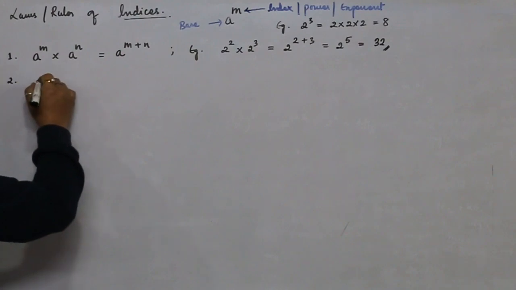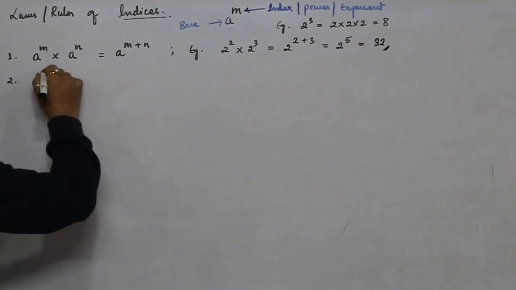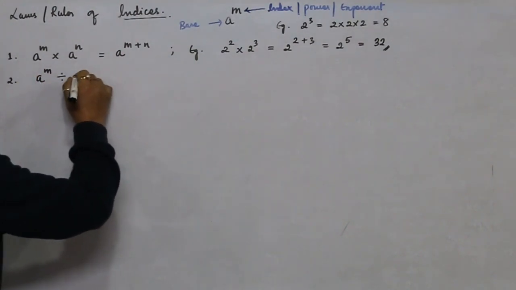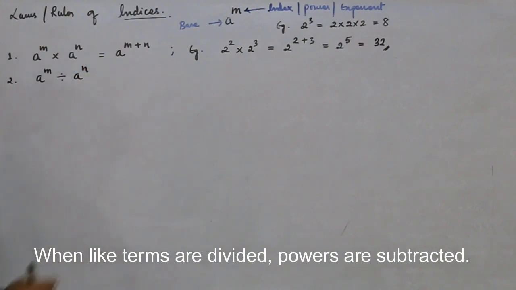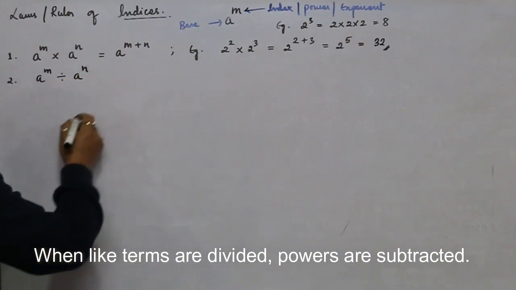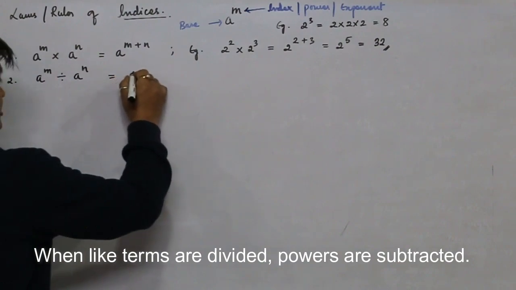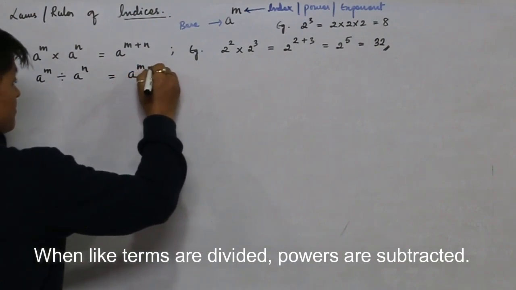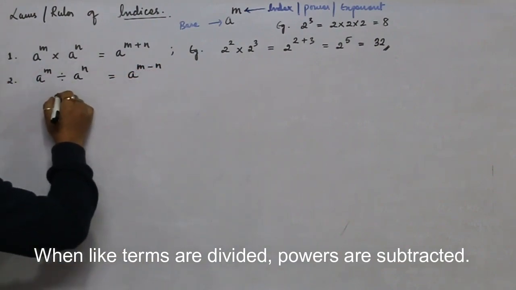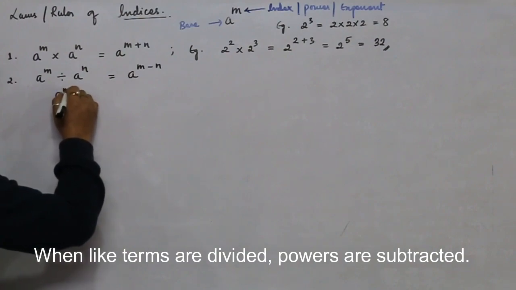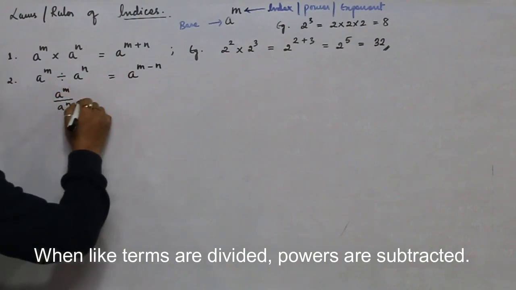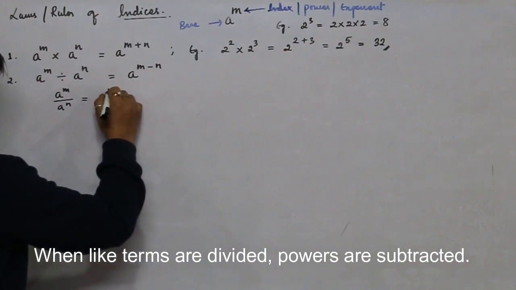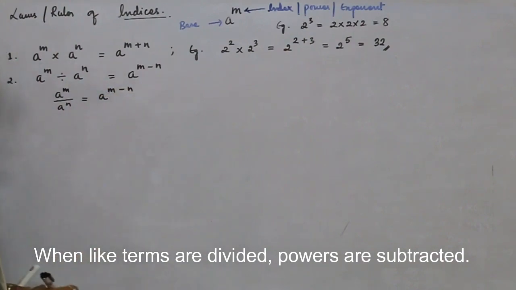Second, when like terms are divided, powers are subtracted. Okay, so it is division. This can be written as a to the power m divided by a to the power n, which can also be written as a to the power m minus n.